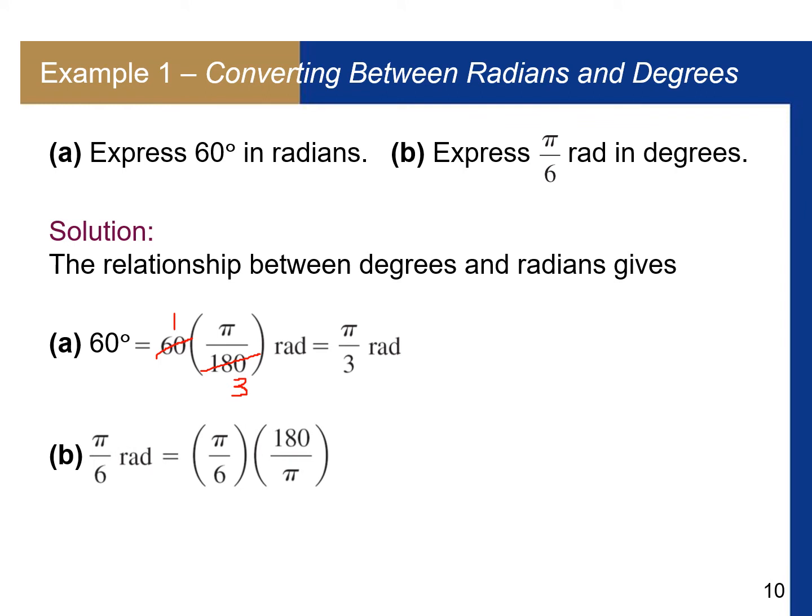When I take pi over 6 radians and multiply it by 180 over pi, notice when I am taking radians to degrees, many times my pi's will reduce, and then I can reduce this way as well, and 6 will go into 18 3 times, so 6 will go into 180 30 times.